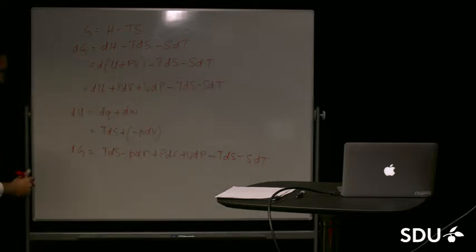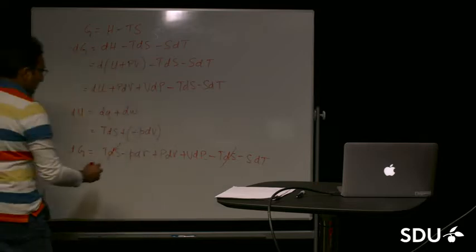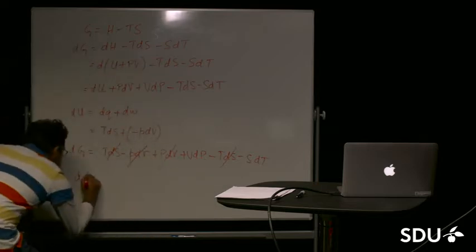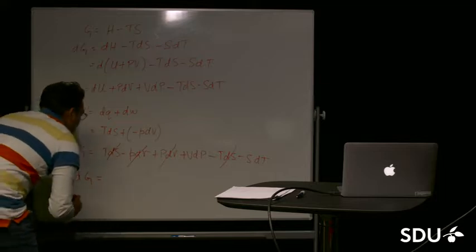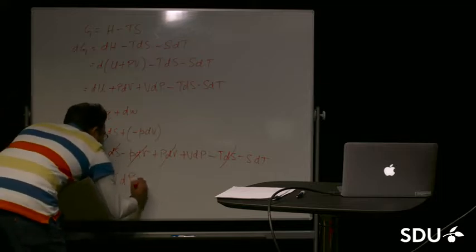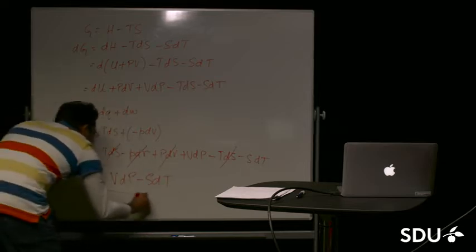And now some terms just fall off. So the TdS terms fall off and the PdV terms fall off. So all we are left with now is dG equals VdP minus SdT.